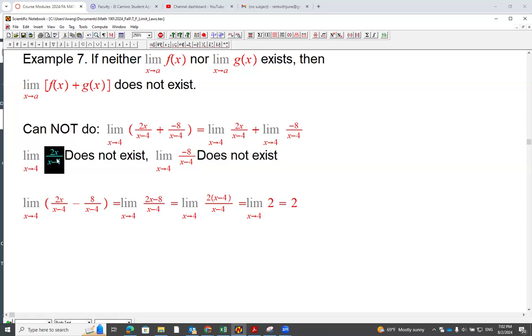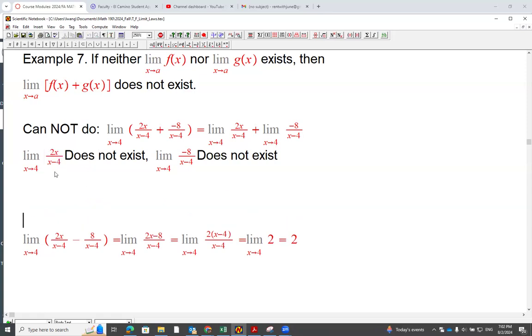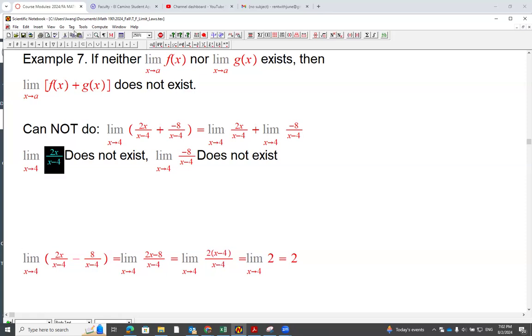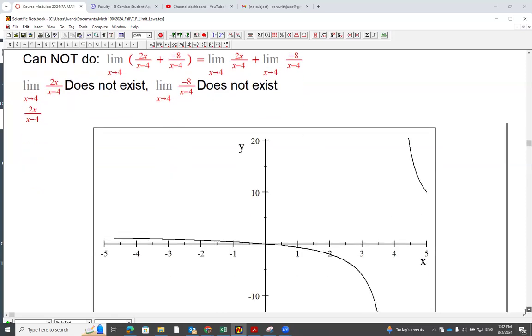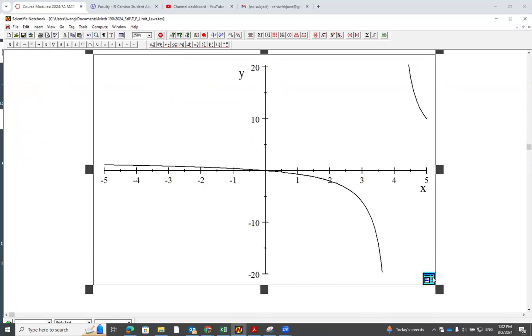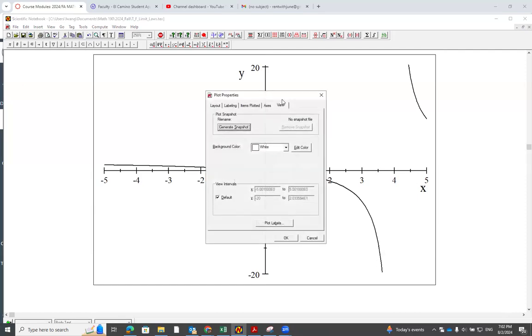And shall we illustrate this one does not exist? Why not? Let's do that. So this function, if we look at the graph, as x approaching 4, I'm making some adjustments to the picture.